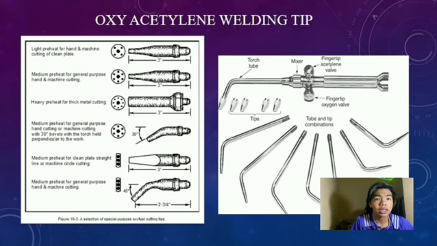The fourth one is 30°, medium preheat for general purpose hand cutting or machine cutting with 30° bevels with the torch not perpendicular to the work. The fifth is medium preheat for clean plate, straight line or machine circle cutting. And the last one is medium preheat for general purpose hand and machine cutting.